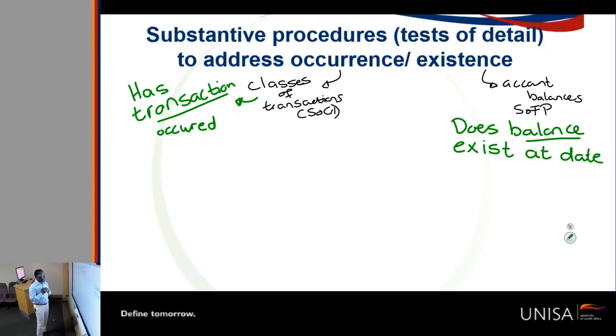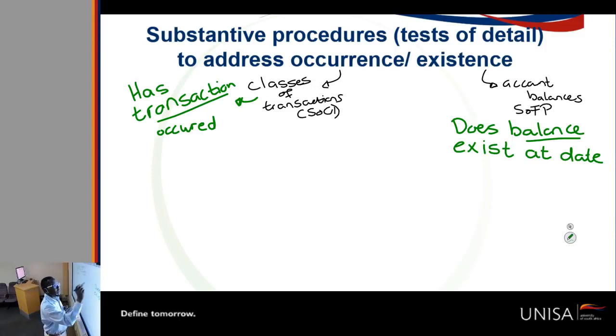With occurrence, we're saying, has the transaction occurred? So we're looking back at the period that's part of our statement of comprehensive income, the year, whereas with existence, we're looking at a specific date, whatever is our statement of financial position date, our reporting date. Does our balance exist as at that date?